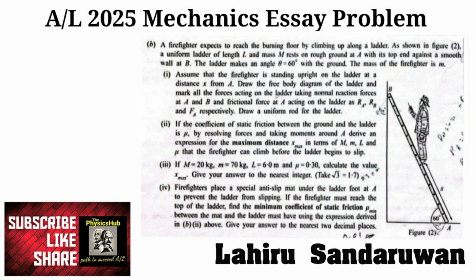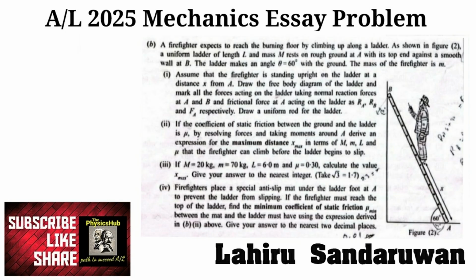As shown in figure 2, a uniform ladder of length L and mass capital N rests on rough ground at A with its top end against a smooth wall at B. The ladder makes an angle theta equals 60 degrees with the ground. The mass of the firefighter is small n. Assume that the firefighter is standing upright on the ladder at a distance x from A.